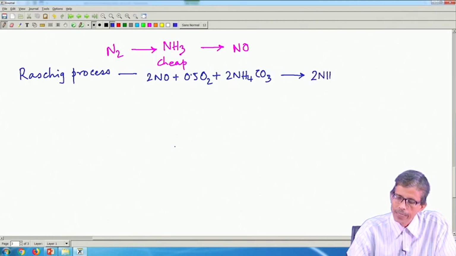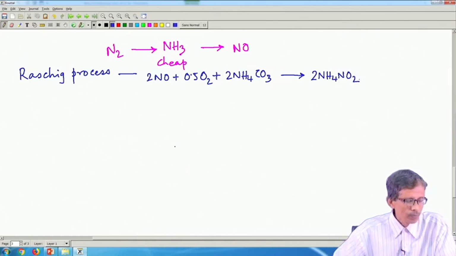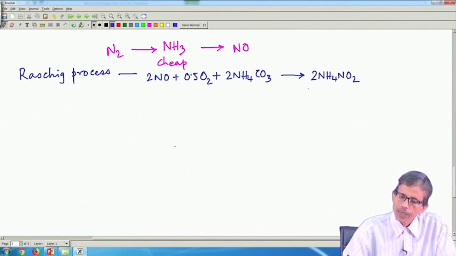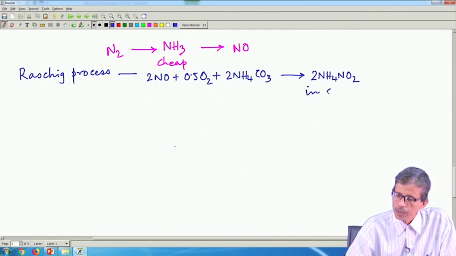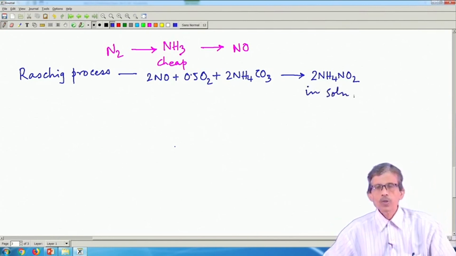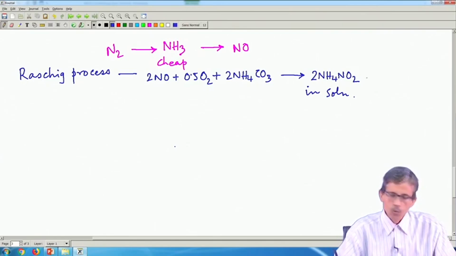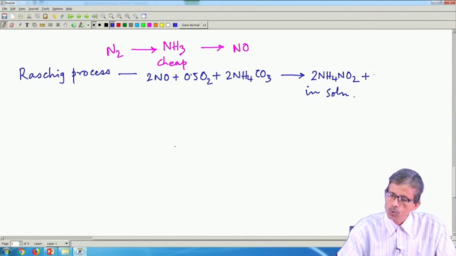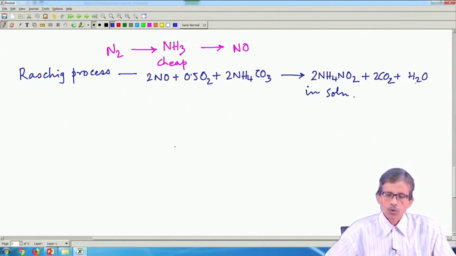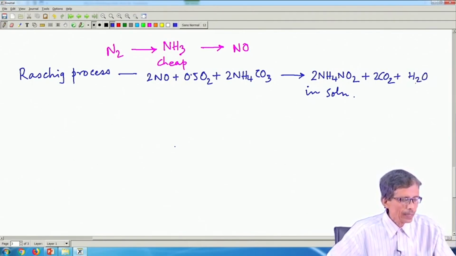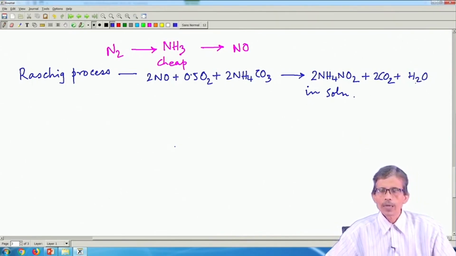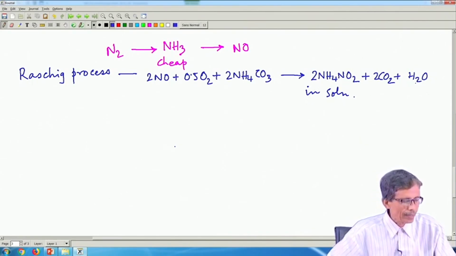That means we will be getting ammonium nitrite in solution, and that ammonium nitrite along with 2CO2 and H2O. So, we are not typically getting hydroxylamine at that particular point, but we now have ammonium nitrite.